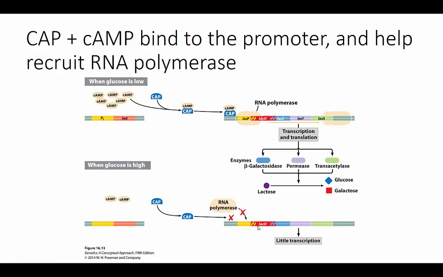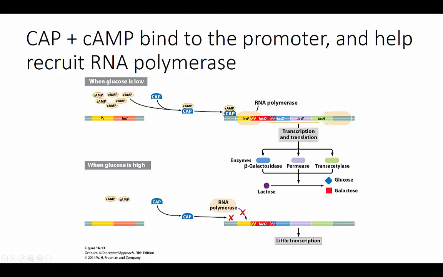cAMP is a factor that will then bind to a protein, and that protein is called CAP. CAP, together with its cofactor cAMP, can bind to a region of the DNA on the lac operon right next to the promoter.